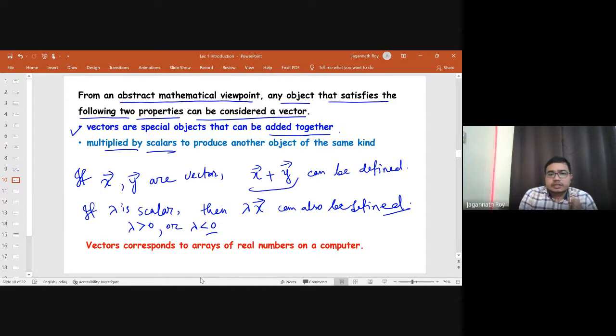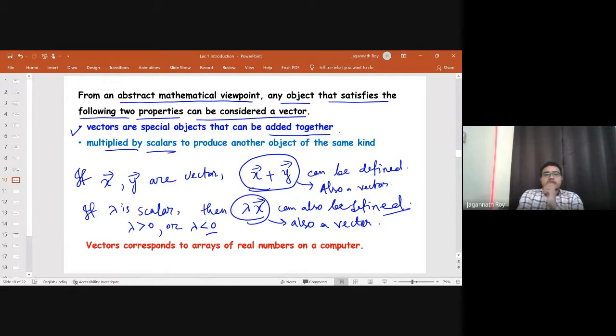Remember, this addition is also a vector, and this multiplication by a scalar is also a vector.